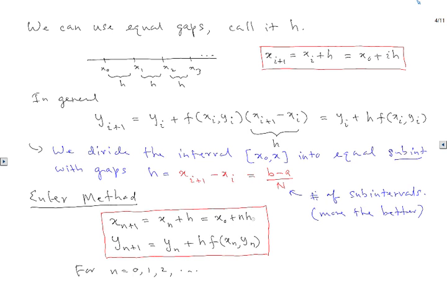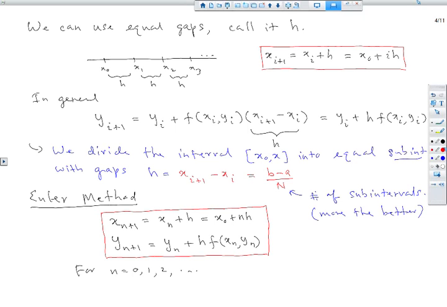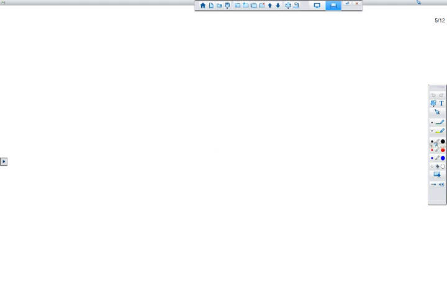So now what we can do is look at a real problem. Let's just try to get the idea from this example. Let's look at the first example, just a basic idea. Let's say you know dy by dt equals f(t, y), and you also know y(t naught) equals y naught.